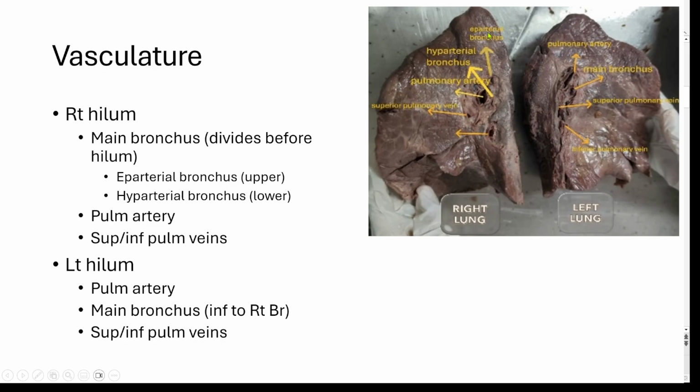But they are bronchi. They are basically the bifurcation of the main right bronchus, which bifurcates before the right lung. That's why it's higher than the left bronchus. Superior and inferior pulmonary veins are basically the same on the left and right side, being on the lower area of the hilum.